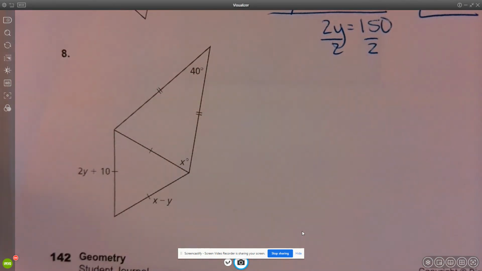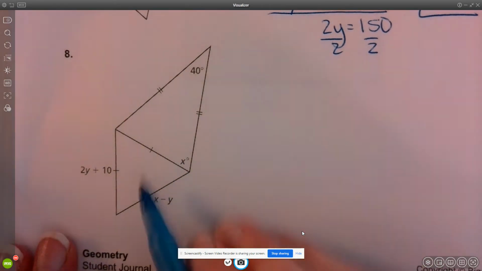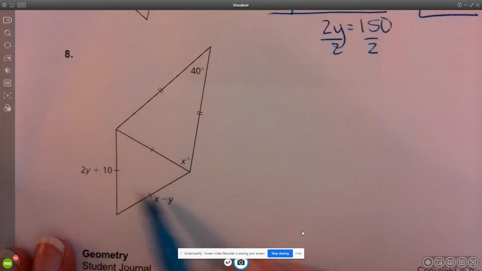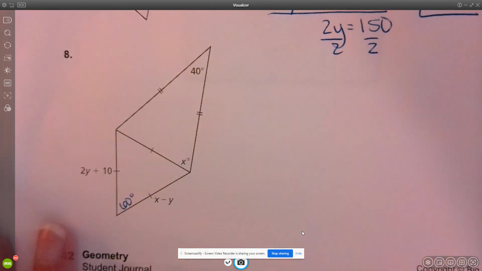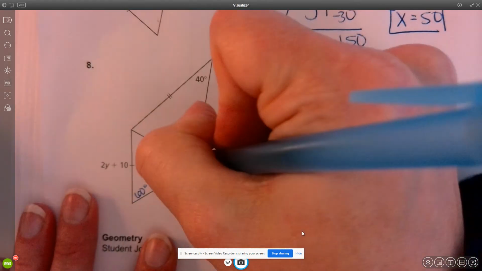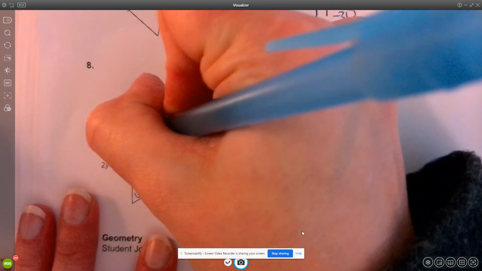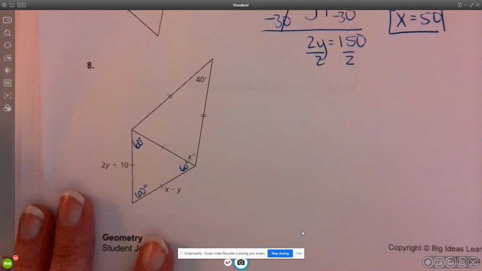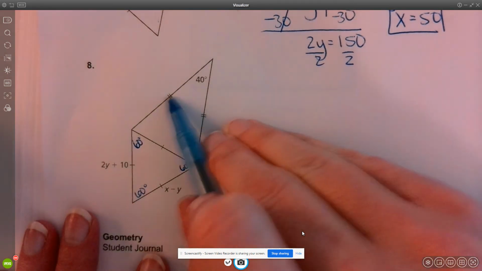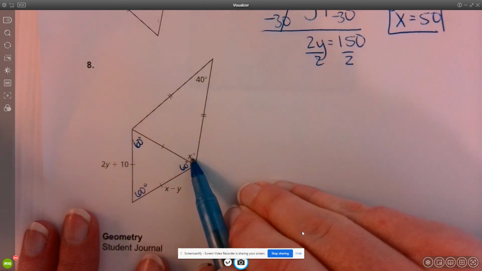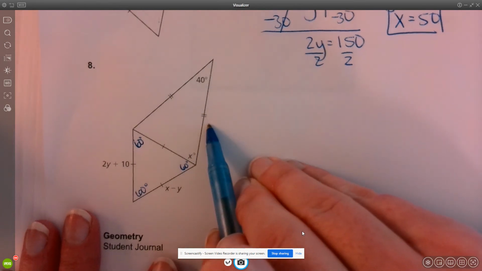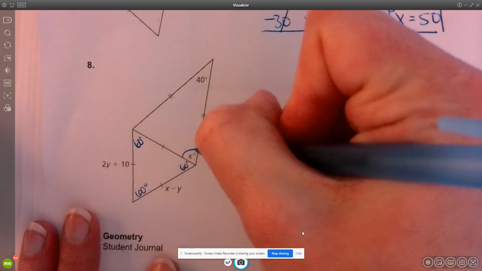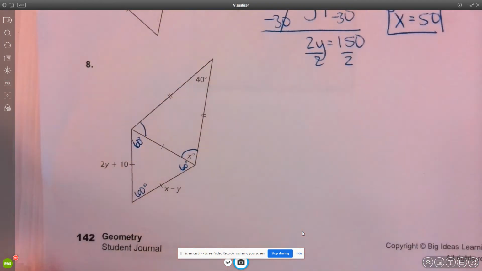All right, in number 8, a few things I notice. I have an equilateral triangle here. It may be helpful, it may not be. I know all these angles here are going to be 60 degrees. I'm just going to put that in my picture. I also know that this triangle here is isosceles because there are 2 congruent sides, which tells me that this angle and this angle have to be congruent to each other.